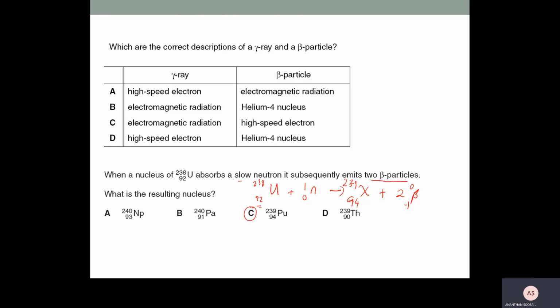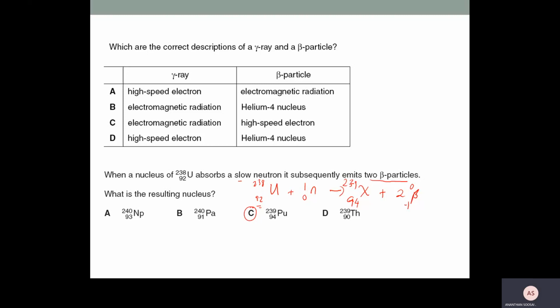We assume that it's just beta negative. This is the old path here. Beta negative and beta positive came into the syllabus in 2017, I think. So after 2017, they will write beta plus or beta negative. Before that, 2016 papers, we just put beta because we only learned beta negative in 2016.